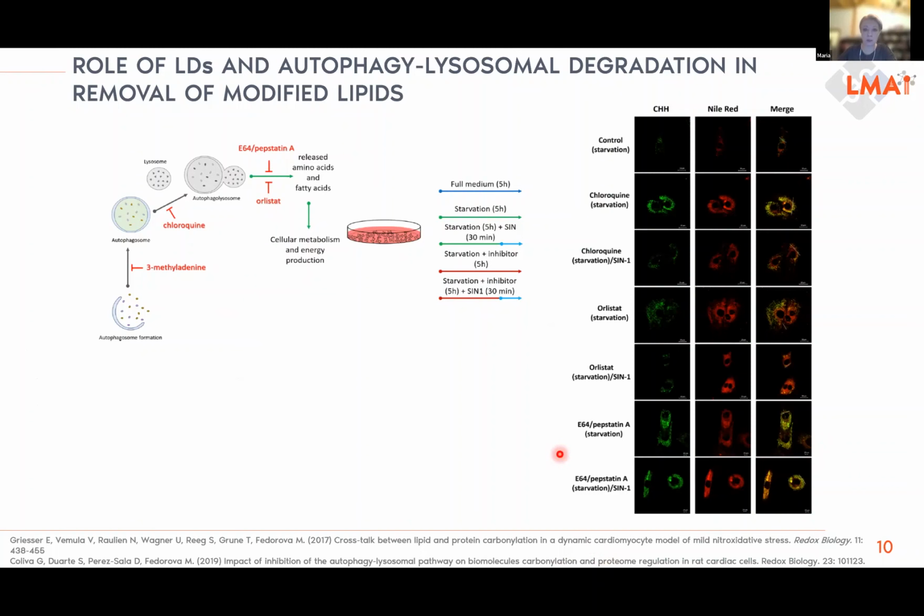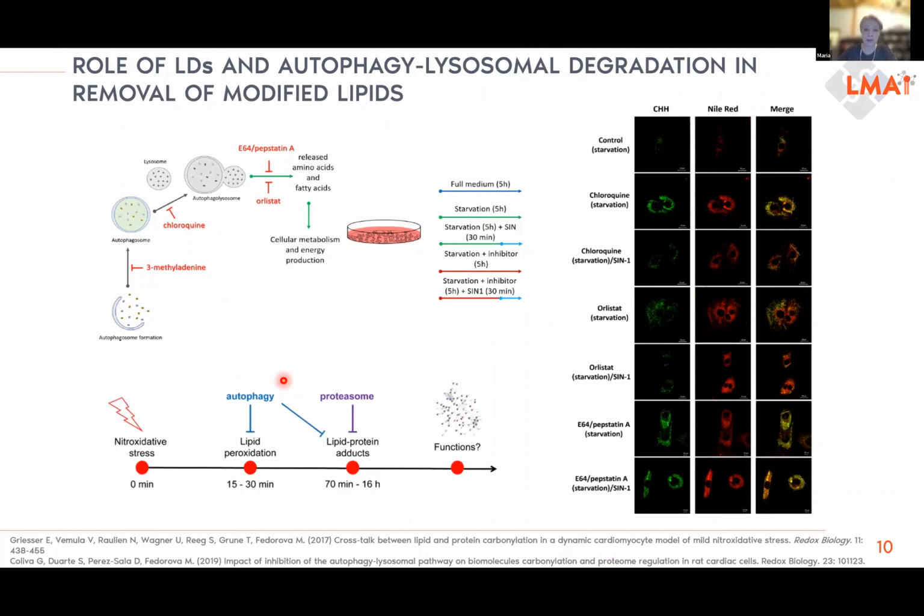But the main conclusion we can draw is that if we look at our cellular system and start to induce this mild nitro-oxidative stress, lipid peroxidation or lipid oxidation comes first, and these oxidized lipids can modify proteins, which will affect their functions. But if autophagy lysosomal degradation is activated, we can get rid of them.